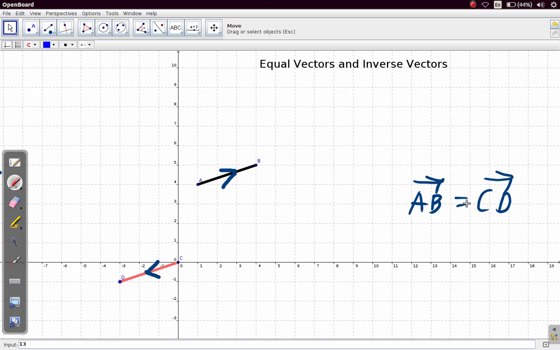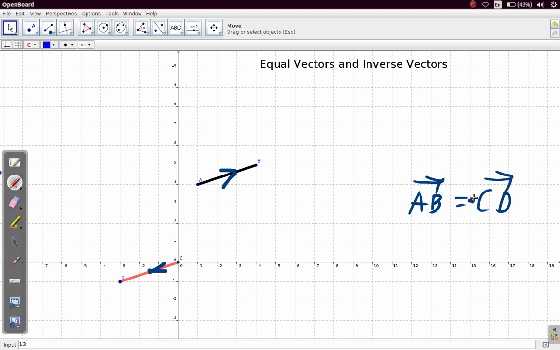So I would have to put a negative sign in front of this now, because vector AB going this way is the inverse of vector CD. What this would mean, since I put a negative in front of CD, if I make the negative act on it, it would turn the arrow in the opposite direction to make them equal now. Alright? But let's put back my arrow as it was before.